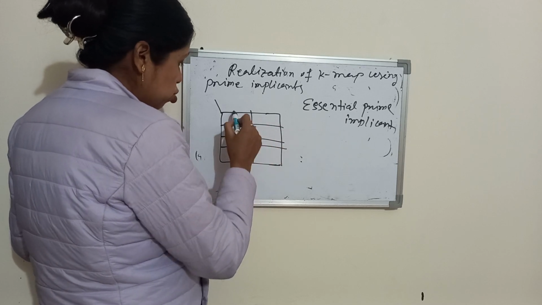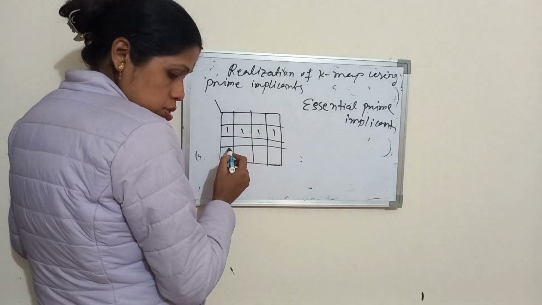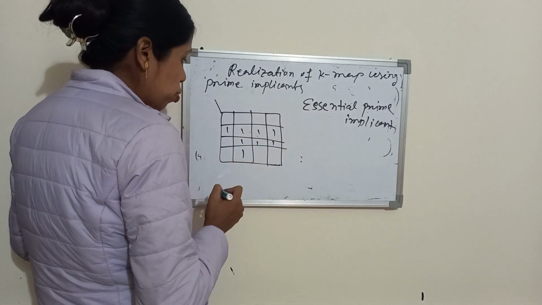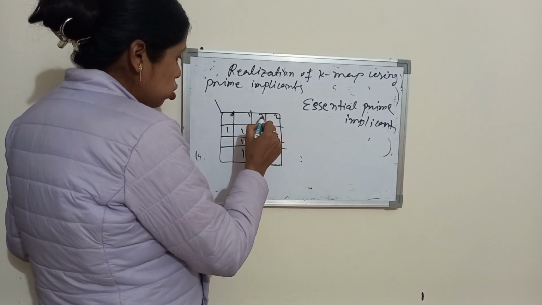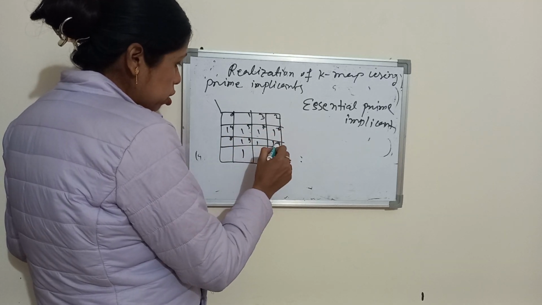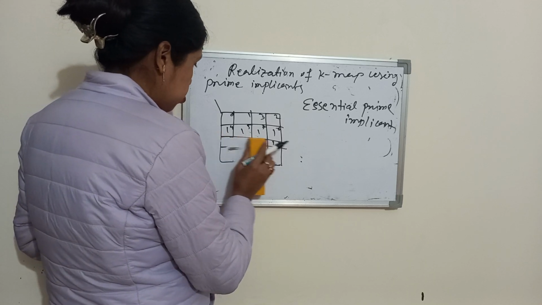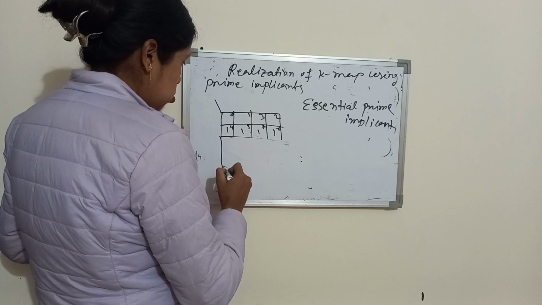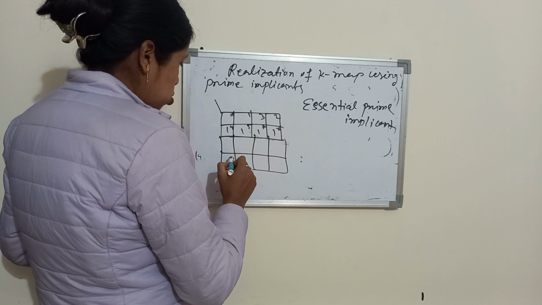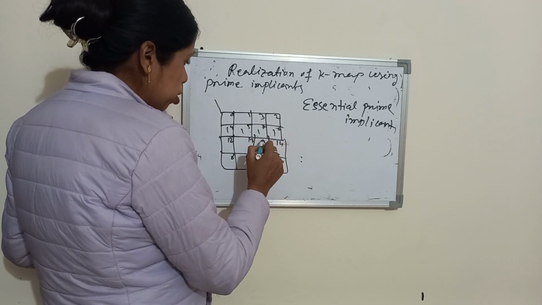Okay, one more example I'm showing you. 0 1 2 3 4 5 6 7 8 9 10 11 12 13, sorry, 8 9 10 11 12 13 14 15.